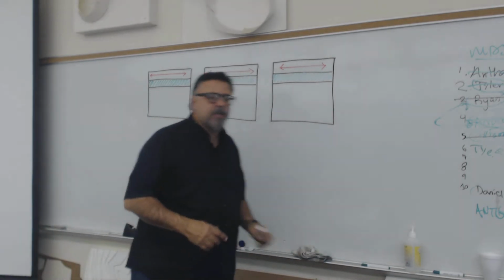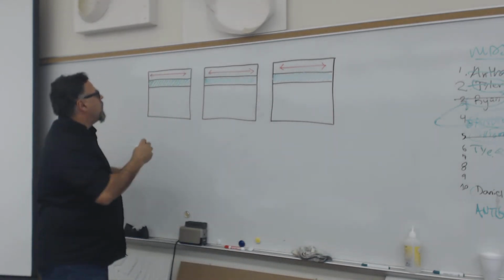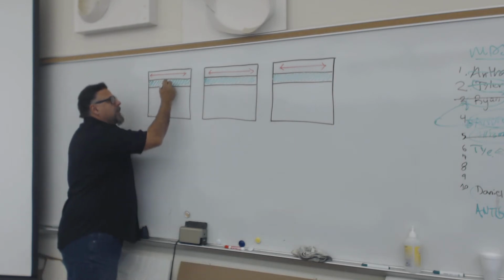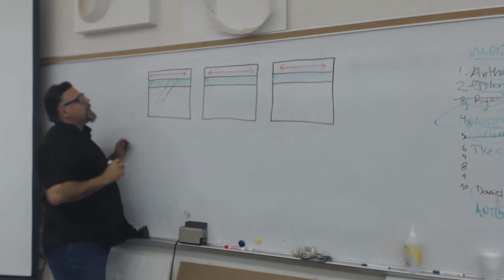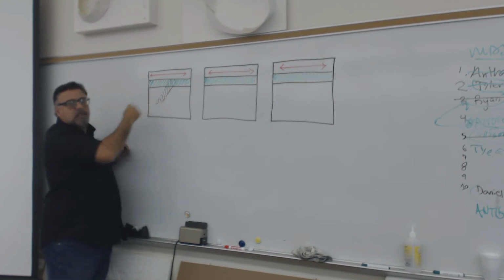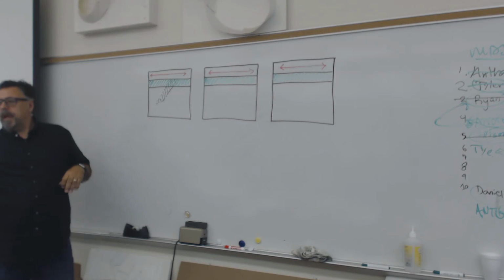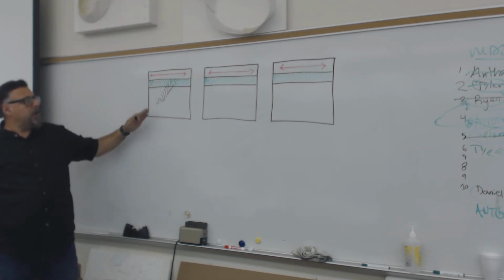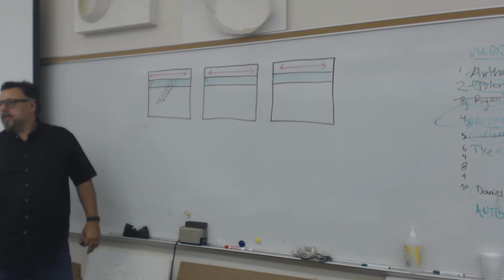So configuration number 1, we are going to refer to as the pier. It's going to be this element that essentially juts out into space, the same way that a pier would jut out into the ocean.